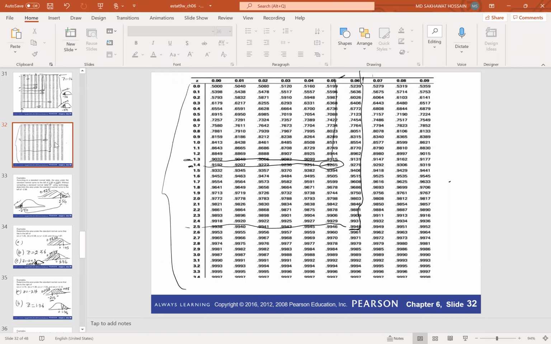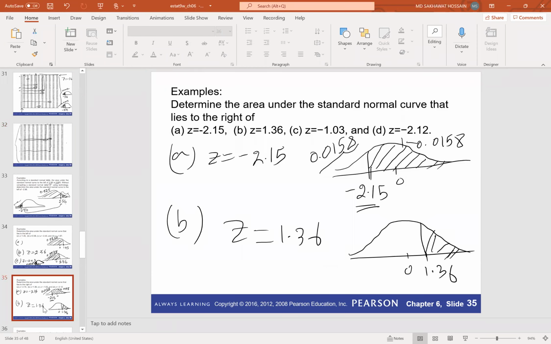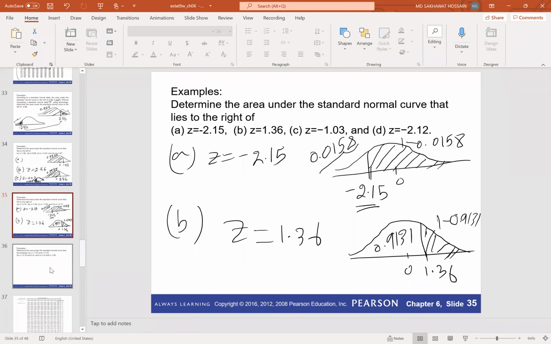So 1.36 is 0.9131. If you look at this number, you will get this area. The area on the right will then be 1 minus 0.9131. That's how we calculate the area from the standard normal curve.